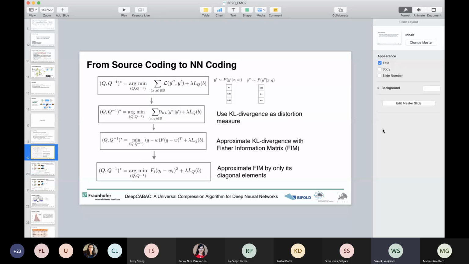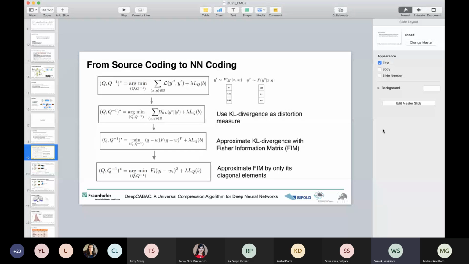And what you arrive at then, at the bottom of the slide, is a weighted rate distortion optimization problem, where you try to find quantization points for every weight of your neural network, Qi and Wi. So Wi is your weight, Qi is your quantized weight. You measure the distortion between these two.